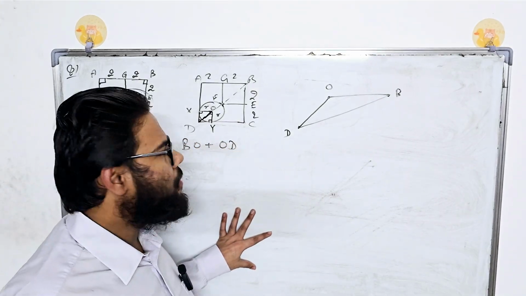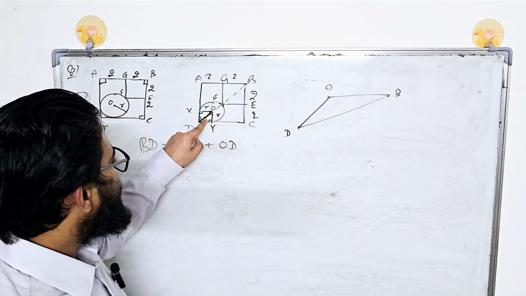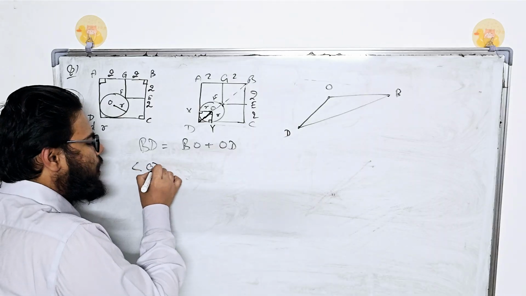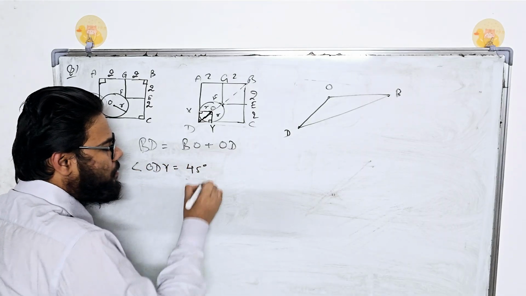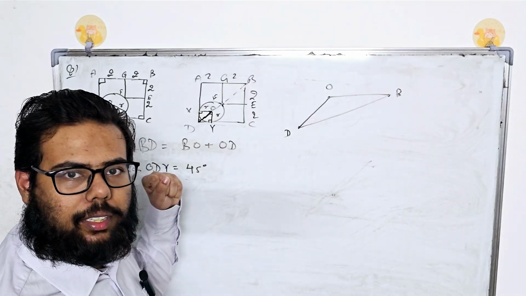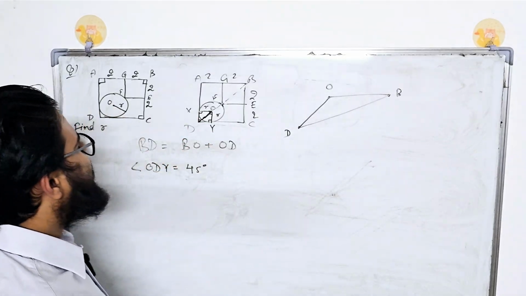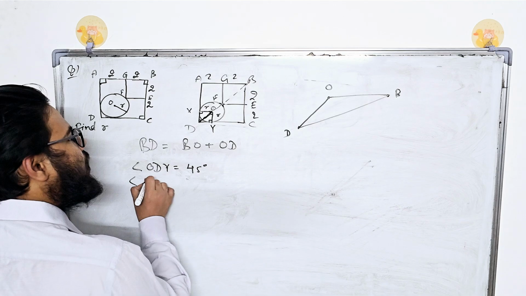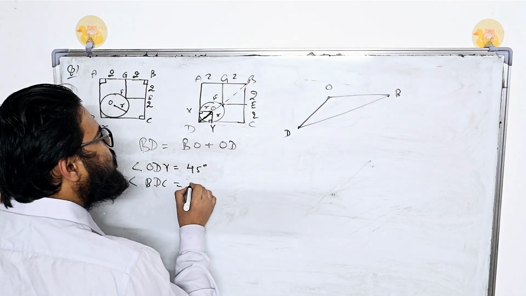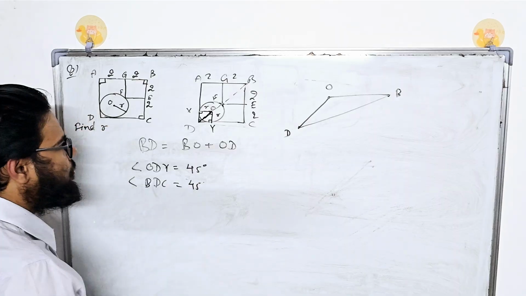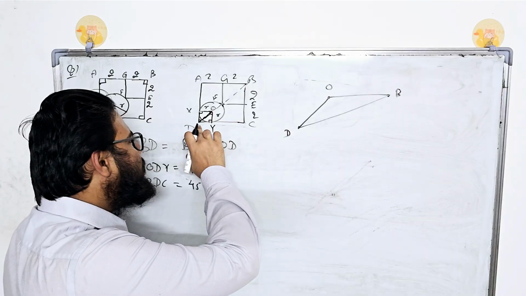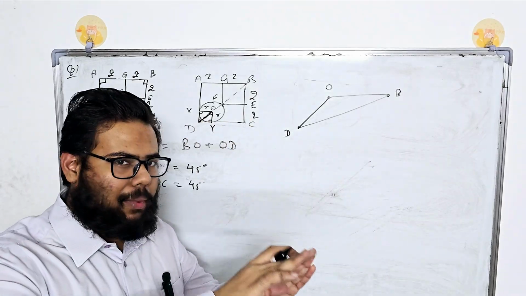How can I prove it? Well, we all know that OD is a diagonal of this square, right? Hence, angle ODY will be equal to 45 degrees, since it's a square. And since ABCD is also a square, angle BDC is also 45 degrees, which means that DO and BD are lying on the same line.